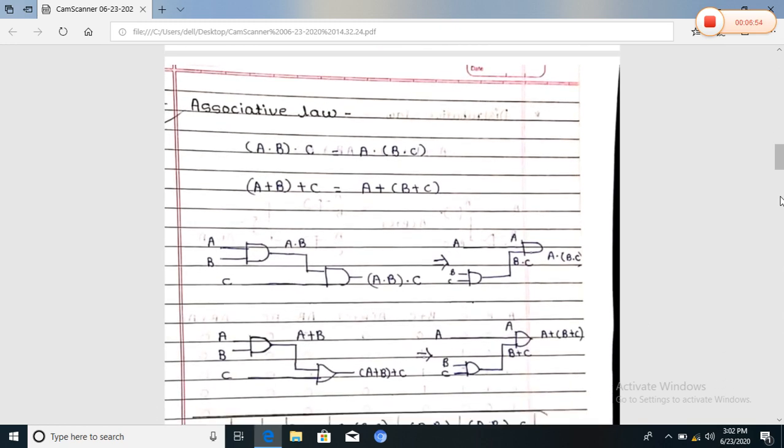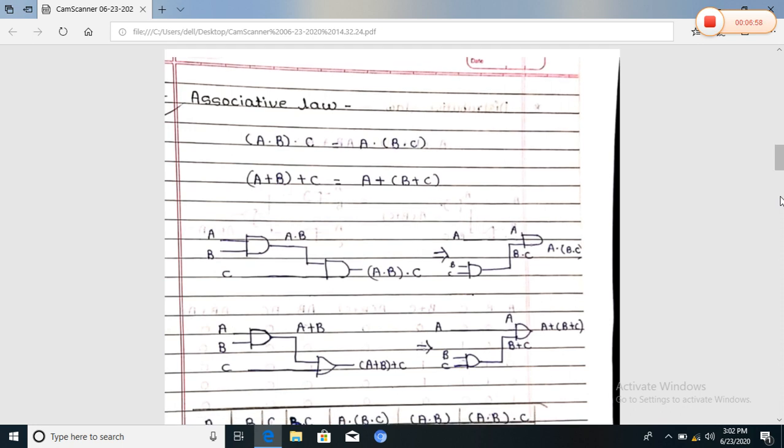Associative law. This law states that the order in which logical operations are performed is irrelevant, as their effect is the same.